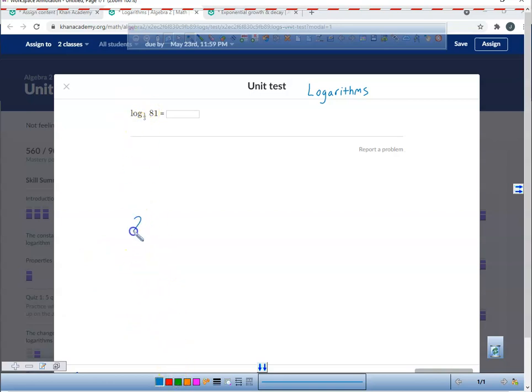All right? Does anybody know what 2 to the power of 3 is? 8. Because 2 times 2 times 2 is 8. Okay? Now, in a logarithm, this is how you would write the logarithm.